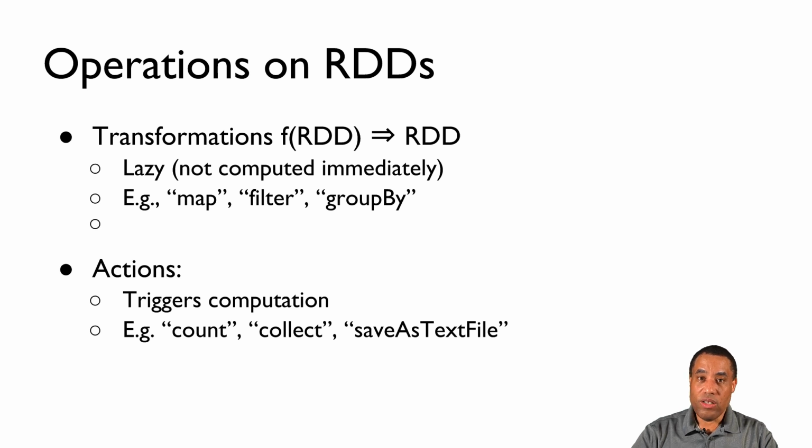But the one caveat I will say is that lazy computation is very difficult for students and programmers to understand. The reason is that if you have a bug in a set of lazy operations, that bug doesn't manifest itself until you trigger the computation with an action, which could be in a much different piece of code from those transformations.